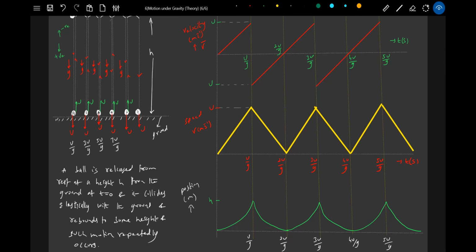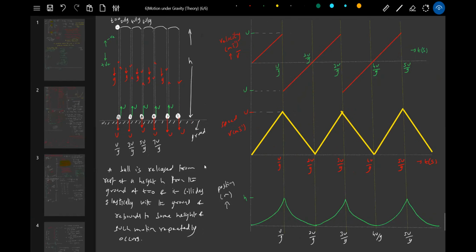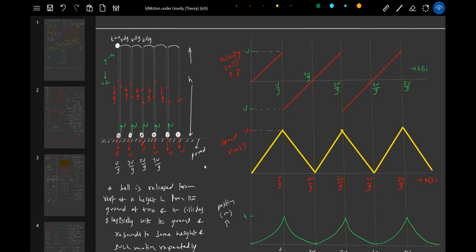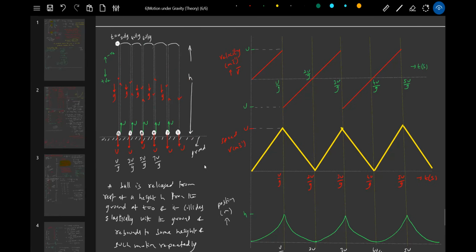Like this, for a freely falling object, we can write these particular graphs here. This is a body released from a height h at t equals 0.